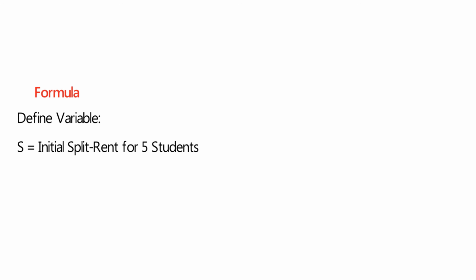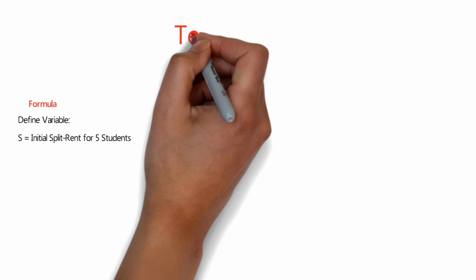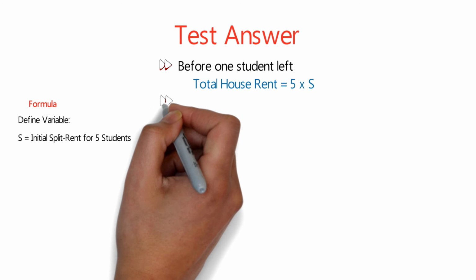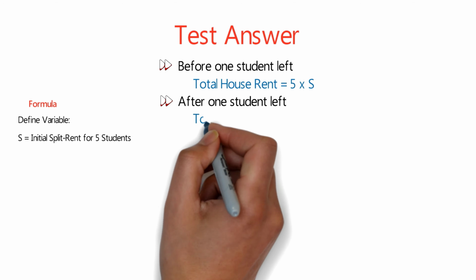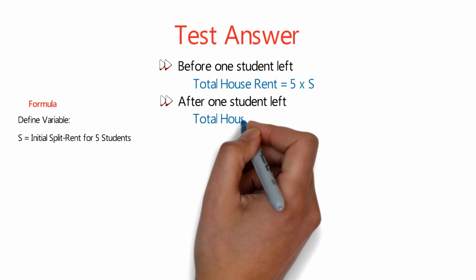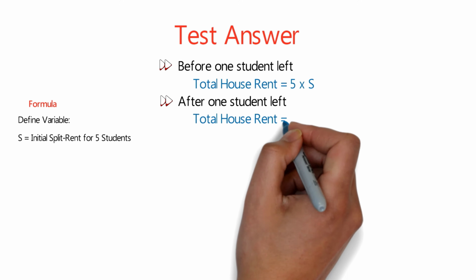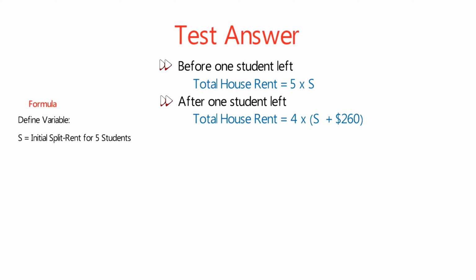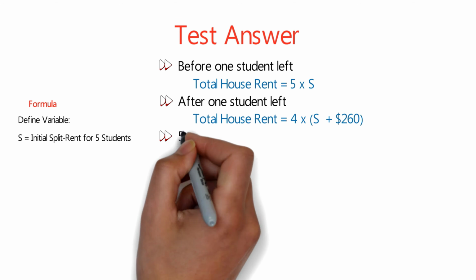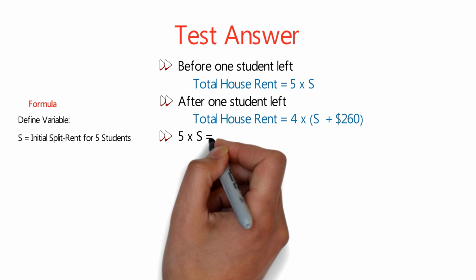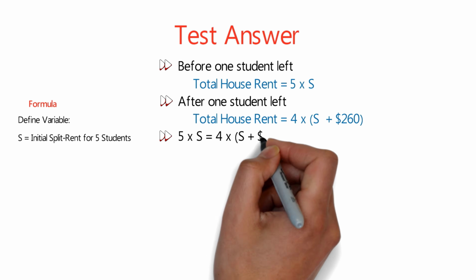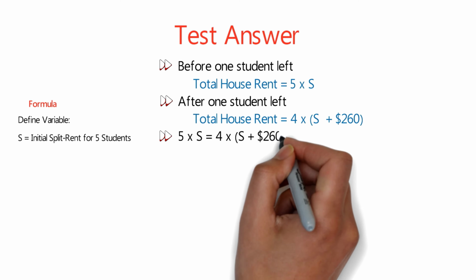So, using this formula, we can calculate the total house rent as 5 multiplied by S, which means that after 1 student left, the total house rent could also be calculated as 4 multiplied by the value in parentheses, S plus $260. Using both approaches, we can create an expression: 5 multiplied by S equals 4 multiplied by the value in parentheses, S plus $260.